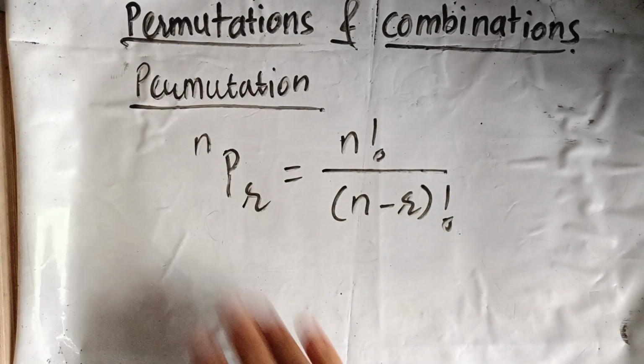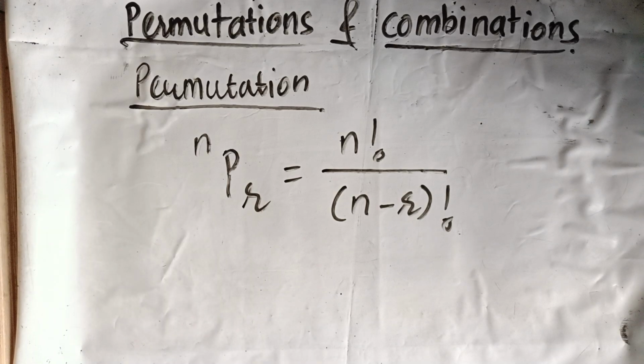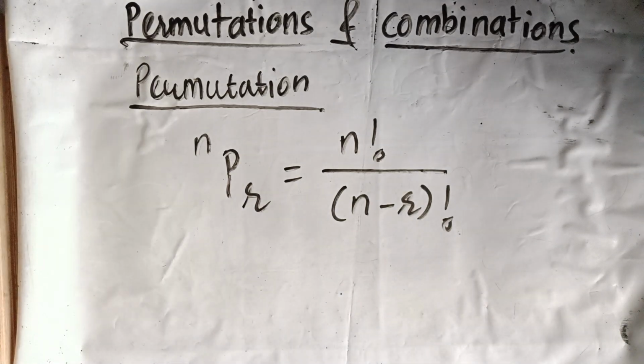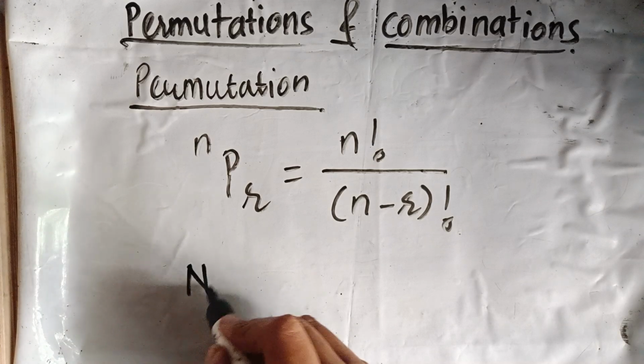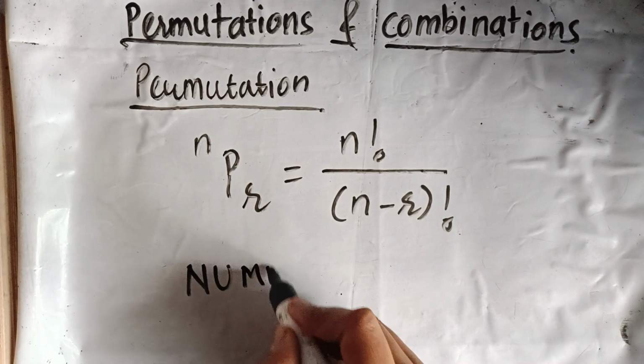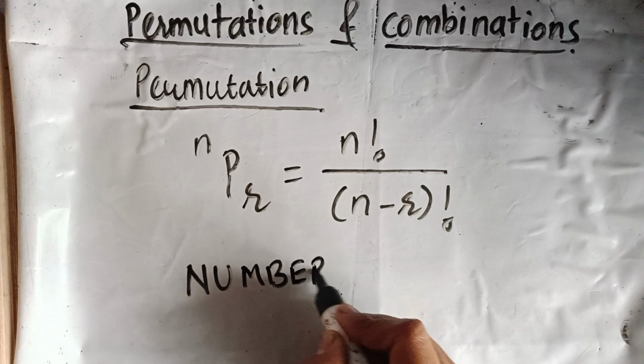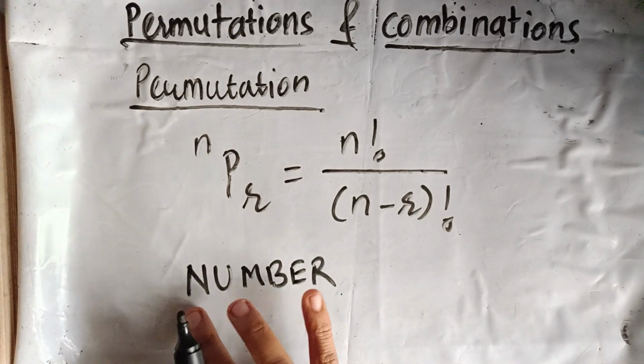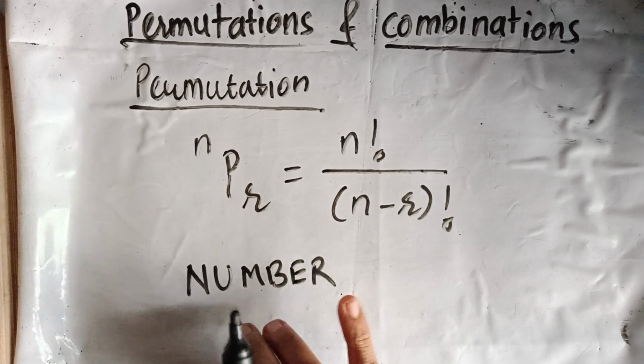So here basically, if you take a word, for example "number", and I want to find out the number of possible ways a three-letter word can be formed using the letters of this word.